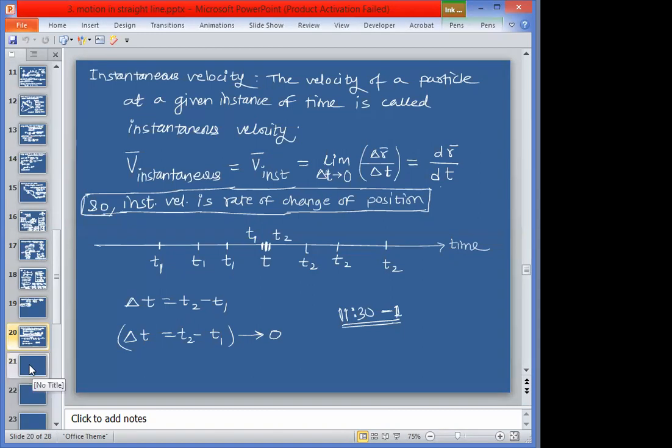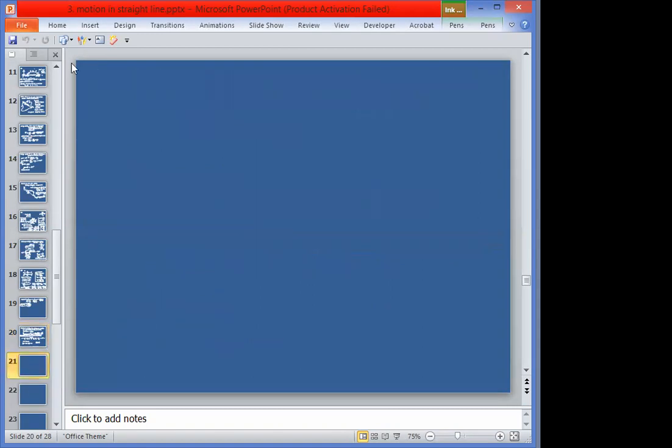Now let me write it on the next page. You also write it down along with me. Now sometimes they write it as velocity as a function of time. What is the meaning of this? Write down velocity as a function of time, v of t. How to read this? V of t.